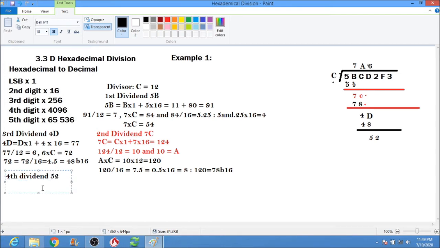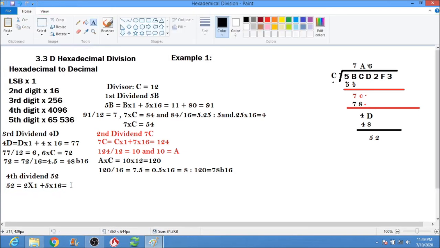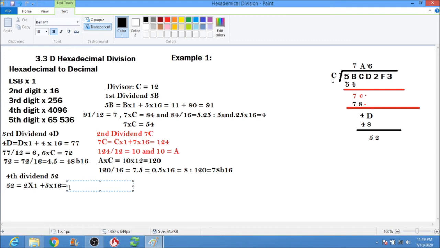And 52 converting, so 52 is equal to 2 times 1 plus 5 times 16. 5 times 16 is 80 plus 2, so we have 82.